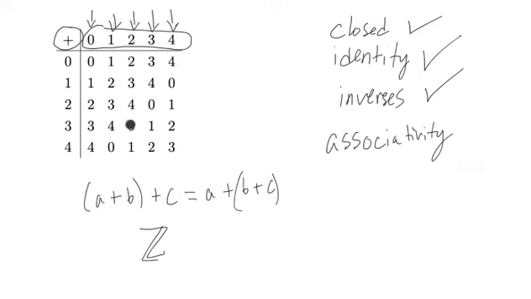You end up getting a multiple of 5. That's what this says. So if you interpret it that way, you realize that the addition here is actually inherited from Z, where associativity already lives. So it actually inherits associativity.